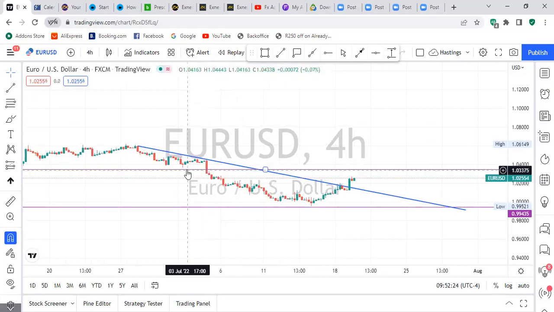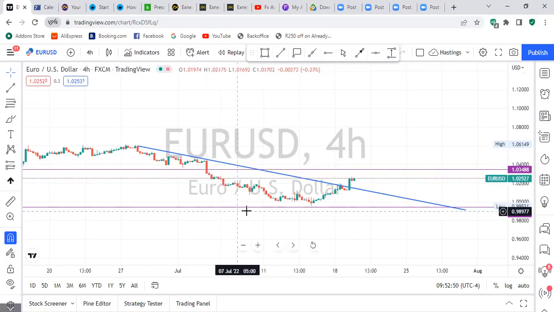It was above, this was previously support, and the price came down here, it broke this, meaning it was now acting as resistance. So once it broke here, we were now looking for sells. So if you sold here, it means you will be in profit. You sell here and maybe you'll take profit on this support.